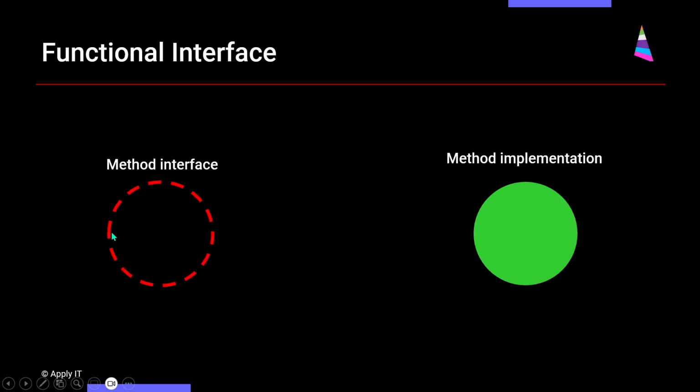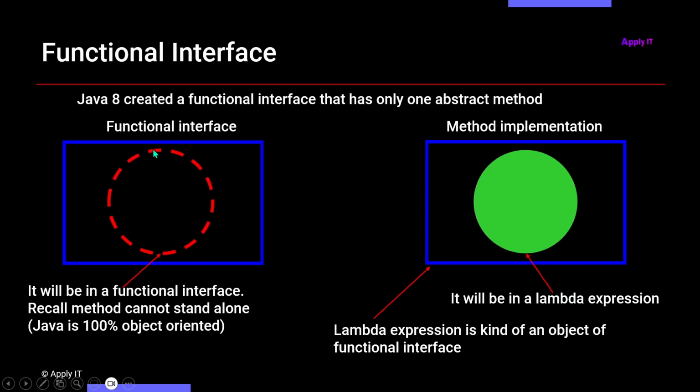I represent this method interface inside some functional interface. An interface which has one abstract method is called a functional interface, and I represent this Lambda expression, which is actually the method body, as one object which has the missing implementation of the abstract method. So as an analogy, we can treat a Lambda expression as kind of an object of a functional interface.